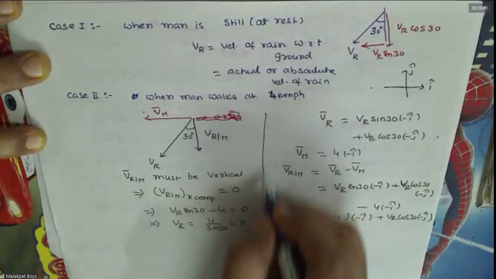Sir, can't we take velocity of man in the positive x direction? Now you can take, man. You may take in any direction, there is no rule. Actually, this diagram is not needed.